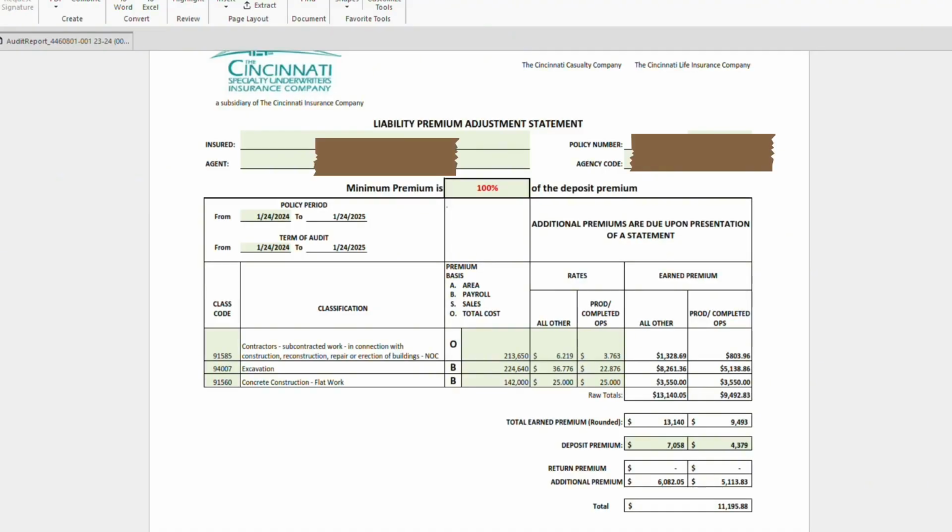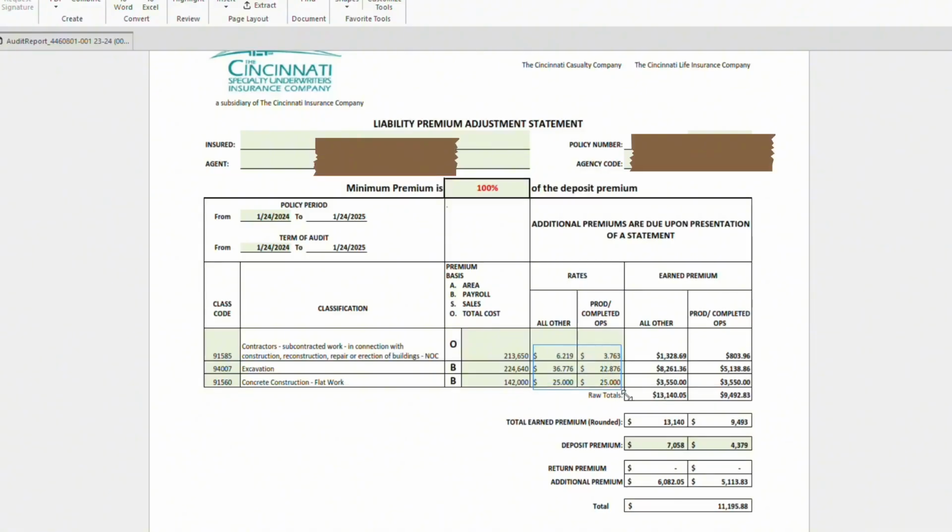Here's a look at what their audit ended up resulting. I know this looks confusing, but I'll break it down for you. They have these different class codes: subcontracted contractors, excavation, and concrete construction. Each one has a rate tied to it like I was talking about earlier. What they do is estimate.